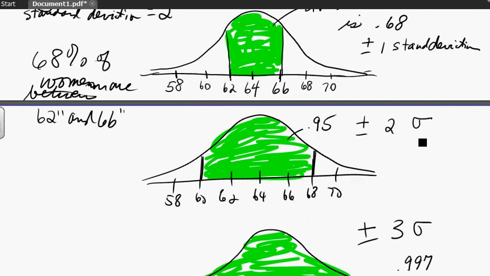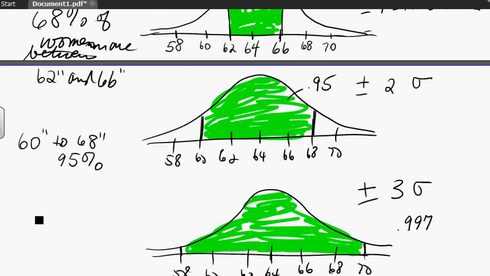When I go out 2 standard deviations, I'm talking about the mean minus 2, minus 2, minus 4. So I'm talking between 60 and mean plus 2 standard deviations, 66, 68. What percentage of women are between 60 inches, 5 foot tall, and 68 inches, 5 foot 8? 95%.